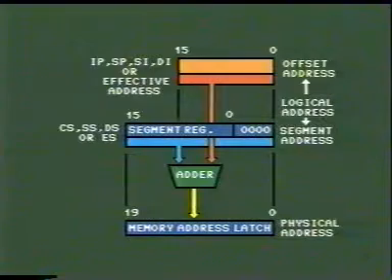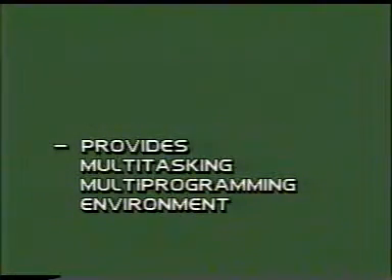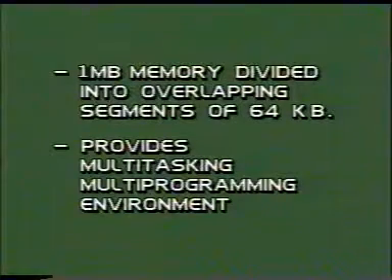This process of address generation has the effect of dividing the 1 megabyte of memory space into a number of overlapping segments, each segment being 64 kilobytes long, beginning at an address that is divisible by 16.